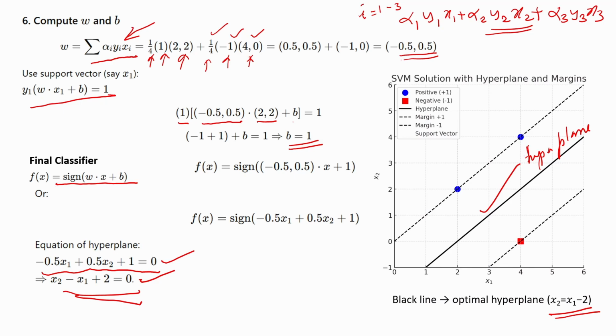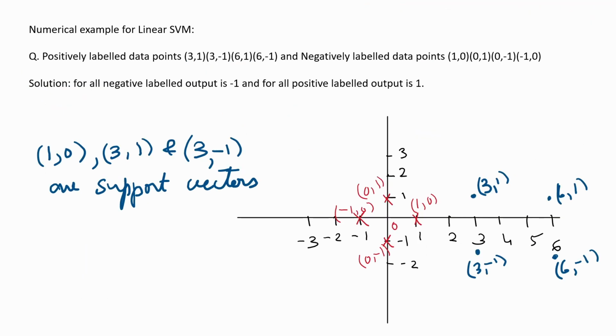Let us consider another example. Here these data points are given, which are positively labeled, and these data points are negatively labeled. So we can just plot it into a graph. When you're plotting it into the two-dimensional space, you can see the blue color ones on this side are positively labeled, and the left side ones are negatively labeled data points.